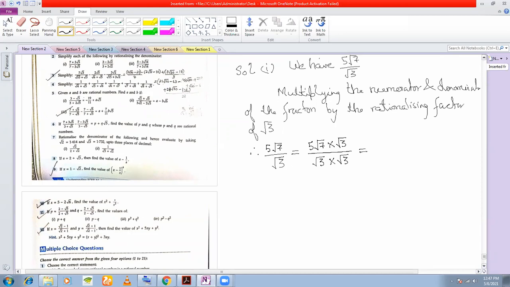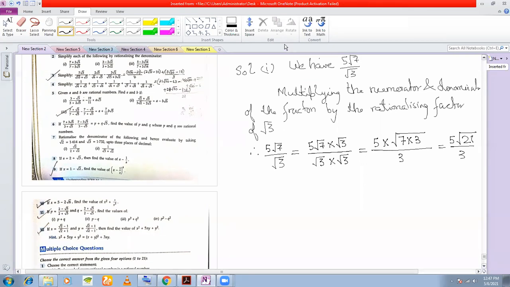In the next step, this becomes 5 into the square root of 7 times 3, since you can take 7 and 3 both under the radical because it is a multiplication, and divided by root 3 into root 3, which becomes 3. So this is 5 root 21 divided by 3.